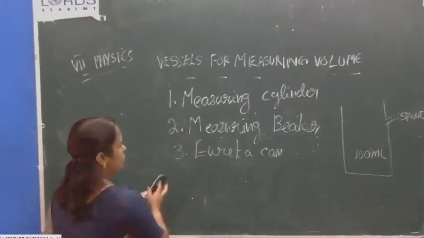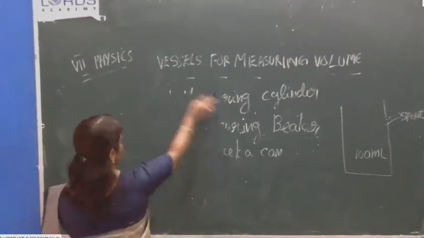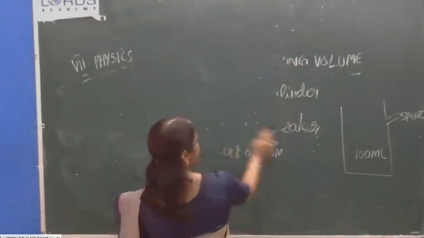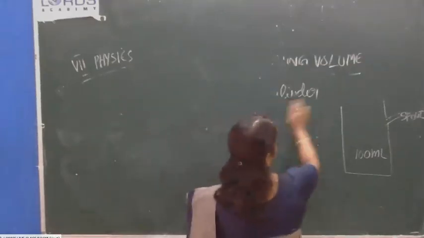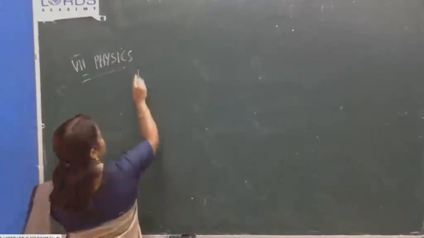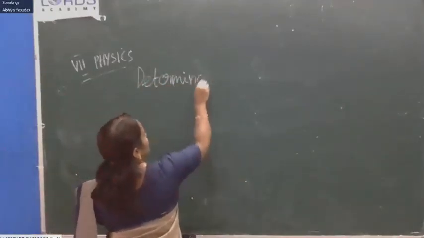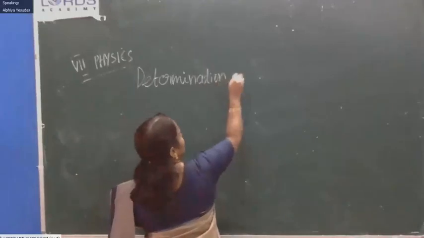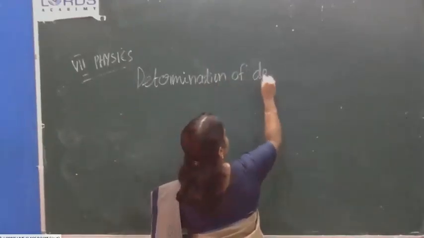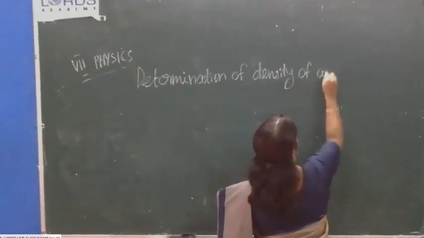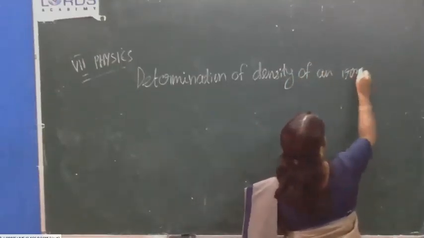That also I demonstrated in 7th grade. Do you remember that? Determination of density using a stone, all that. Density of an irregular solid, irregular meaning not in a particular shape.